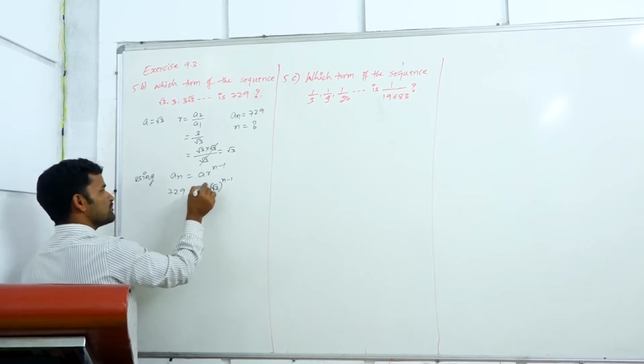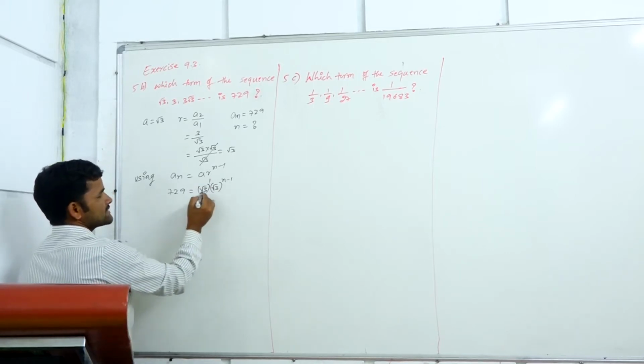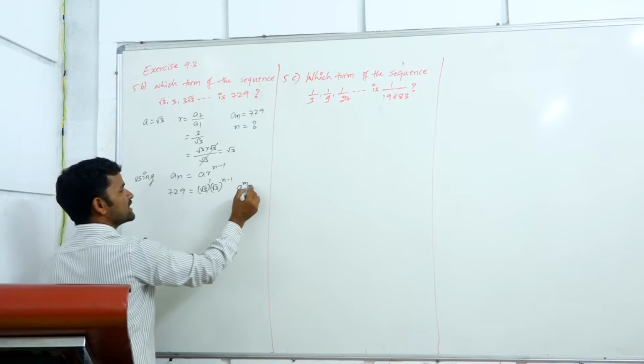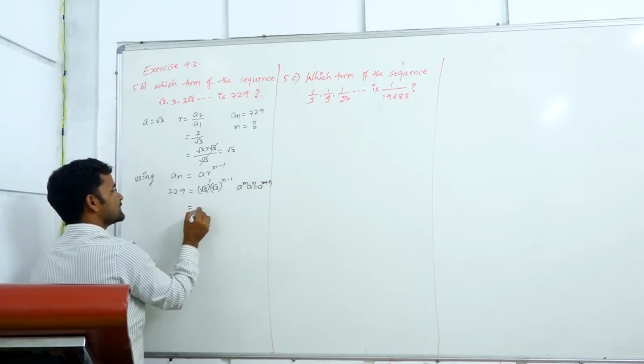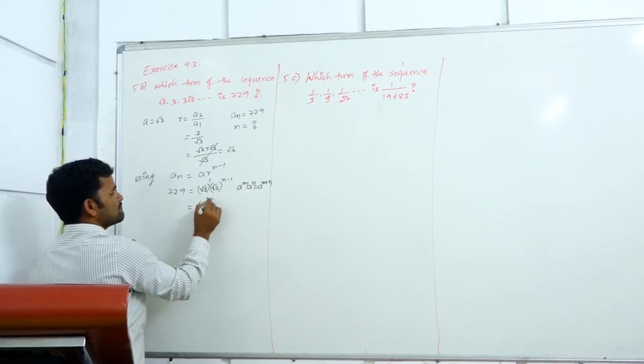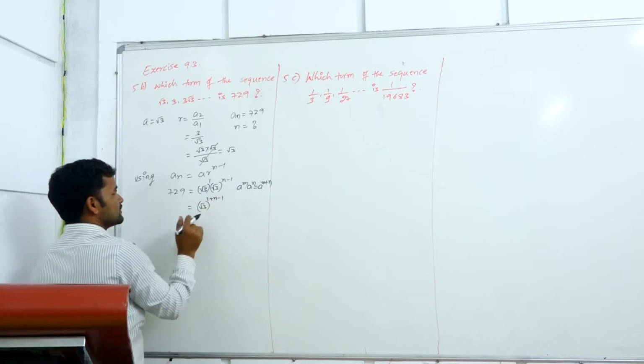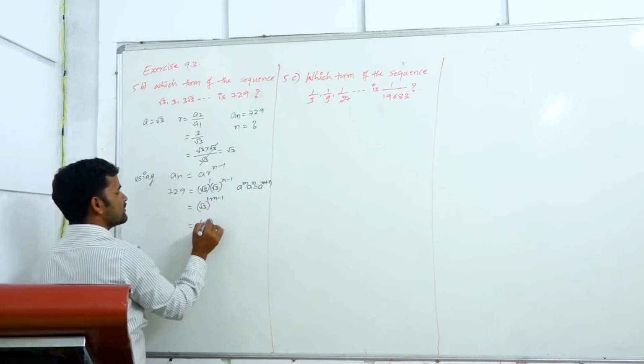Here root 3 to the power 1 will be there. It is like a raised to m into a raised to n, nothing but a raised to m plus n. So I can write here root 3 to the power of 1 plus n minus 1, means root 3 to the power of n.